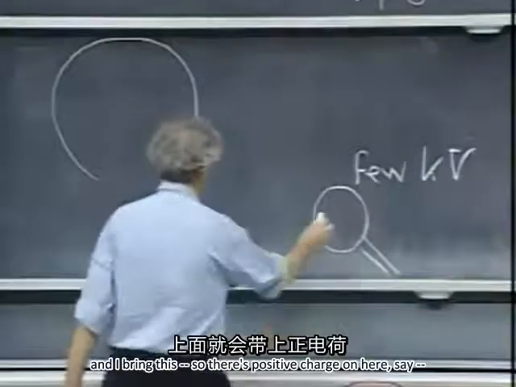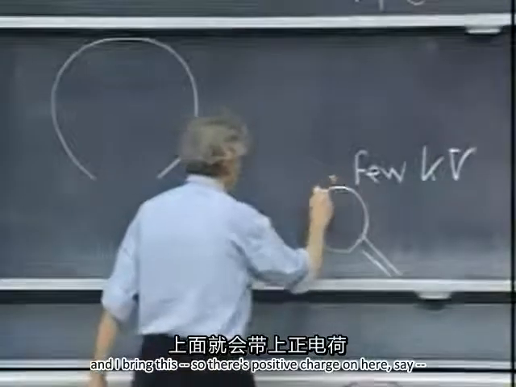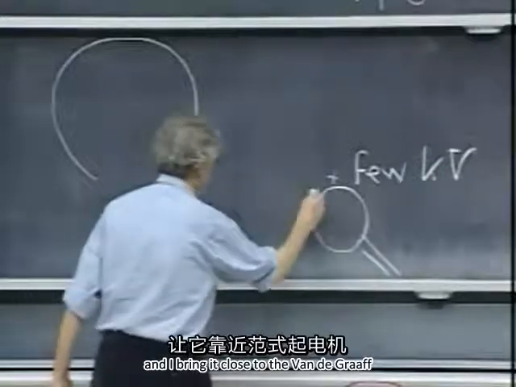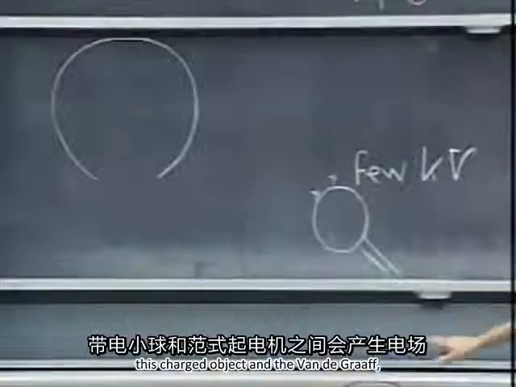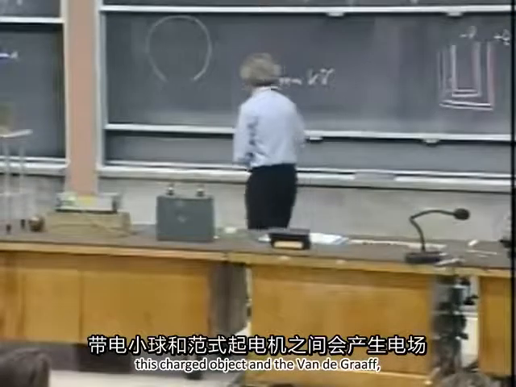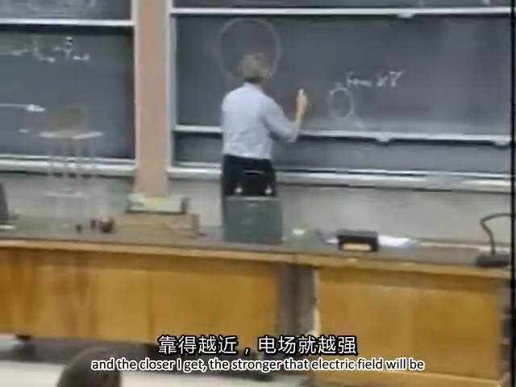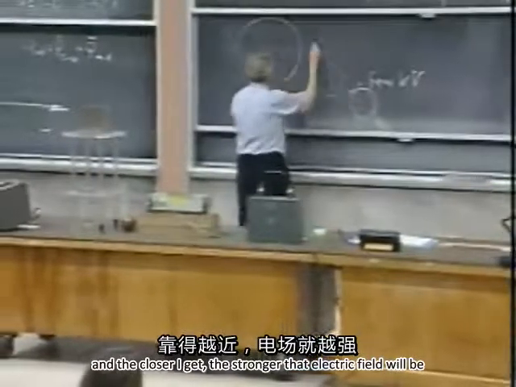And I bring this, so there's positive charge on here, say, and I bring it close to the Van de Graaff. There will be an electric field between this charged object and the Van de Graaff. And the closer I get, the stronger that electric field will be.